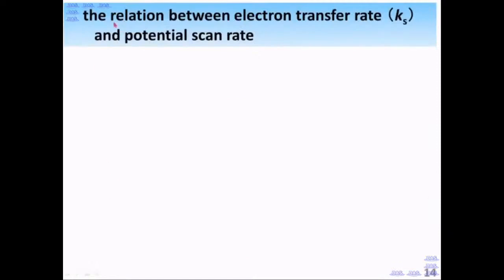Next, the relation between the electron transfer rate Ks and the potential scan rate. This is another important point in understanding the CV. Peak current is proportional to scan rate.